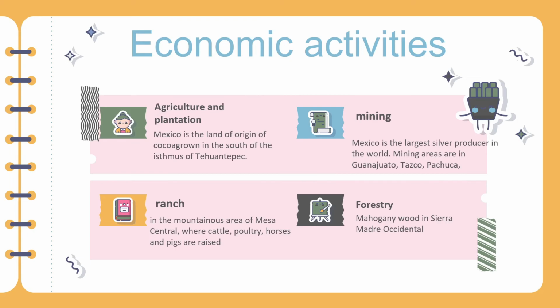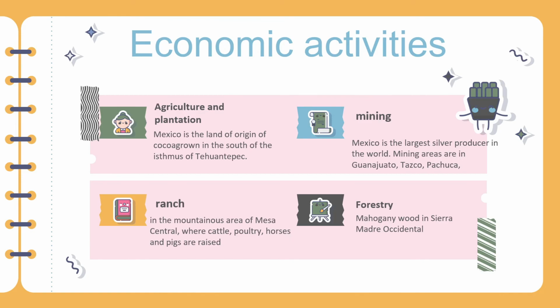In the mountainous area of Mesa Central, cattle, poultry, horses, and pigs are raised. Next, forestry: mahogany wood in Sierra Madre Occidental. The next activity is fishing. Sardine, tuna, and shrimp are found in the Gulf of California and in the Gulf of Mexico.